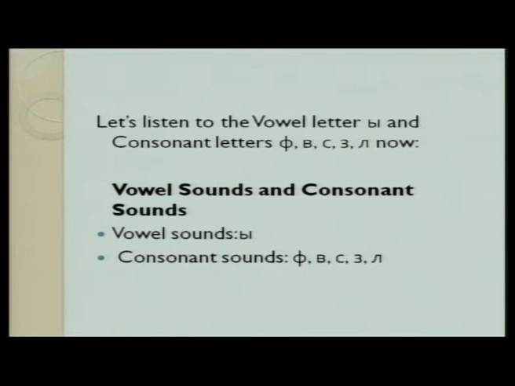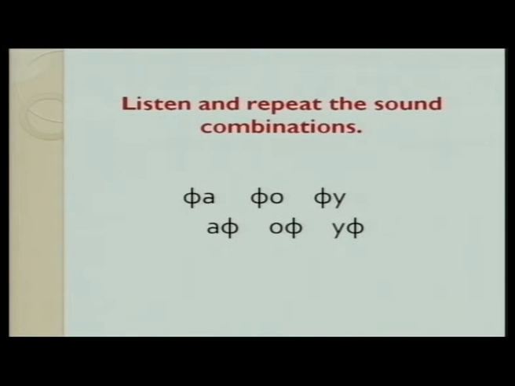Let us try. Vowel sound U and consonant sounds F, V, S, Z and L. With the combination of a few vowels and consonants, we will try to identify the sound and pattern of these vowels and consonants when clubbed together.